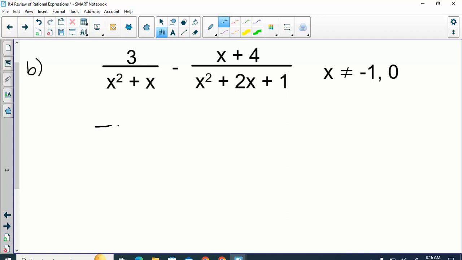How do we have to begin to get our common denominator? Factor the denominator. So this one we can take out x.